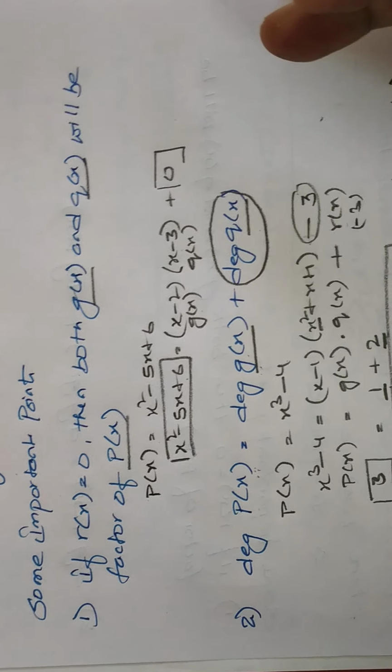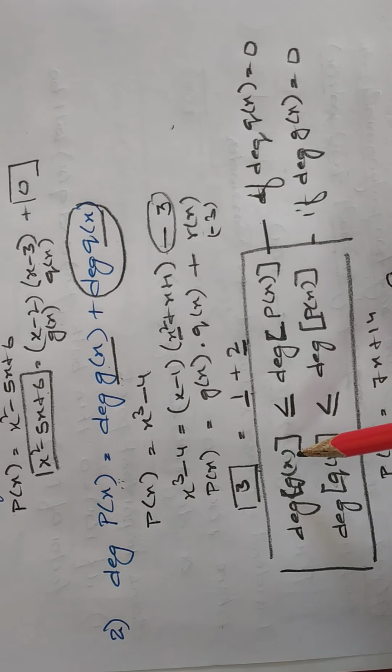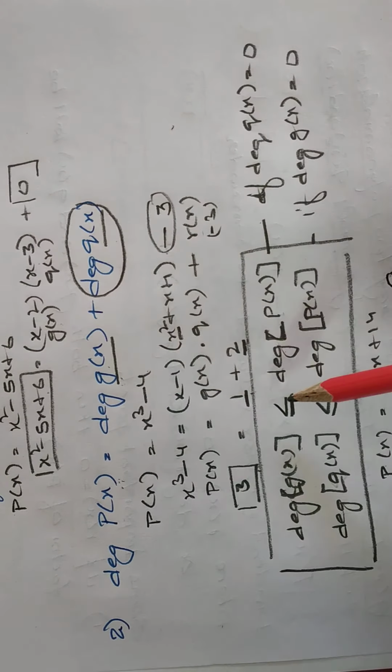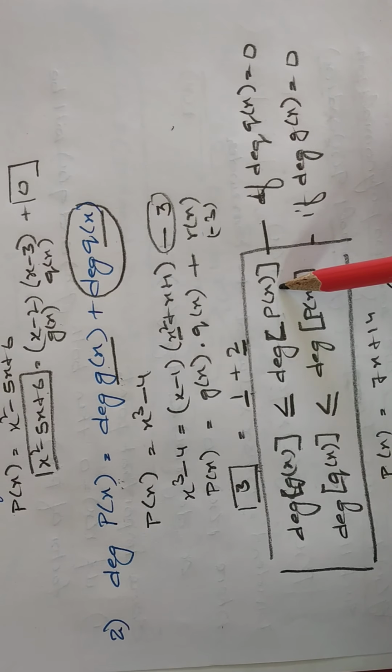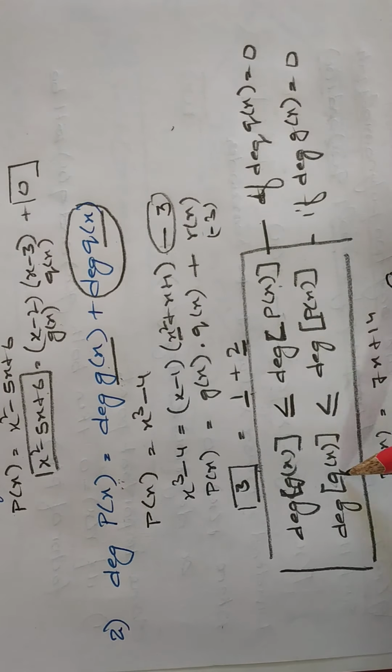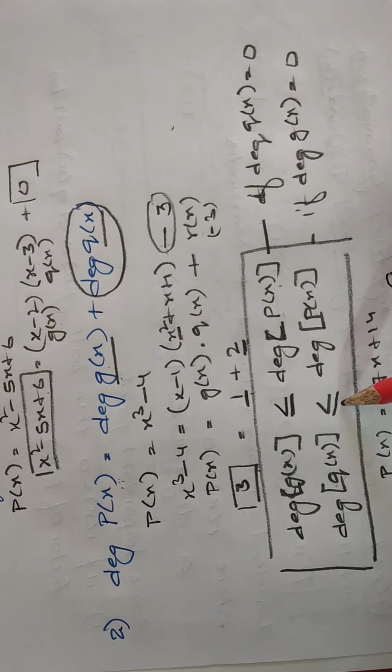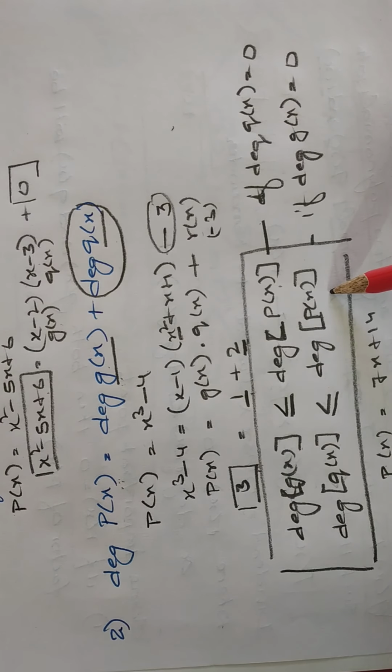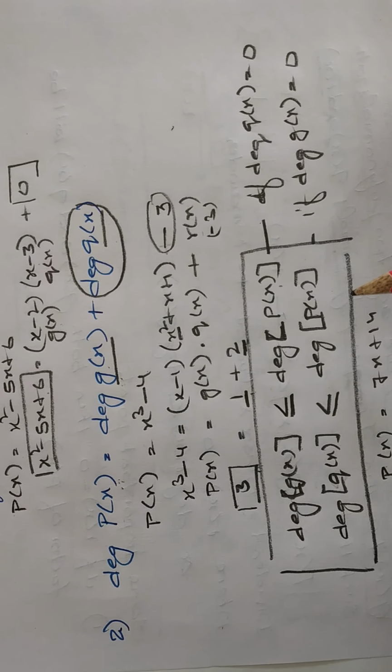And thus we can say that the degree of the divisor individually may be less than or equal to the degree of the dividend polynomial, and the degree of the quotient polynomial may be individually less than or equal to the degree of the dividend polynomial. So these are the important points which you must know.